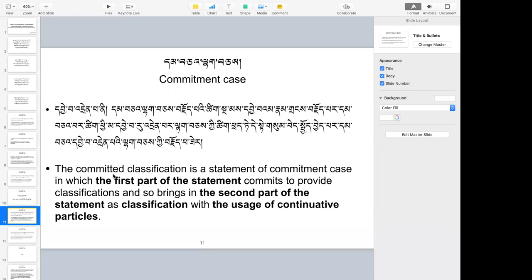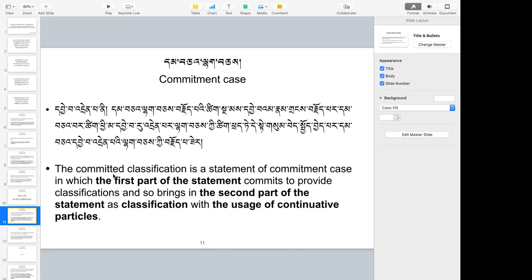So, yewa demba, which is the committed classification of a statement of commitment case. So here, the committed meaning is providing classification, types, classification.